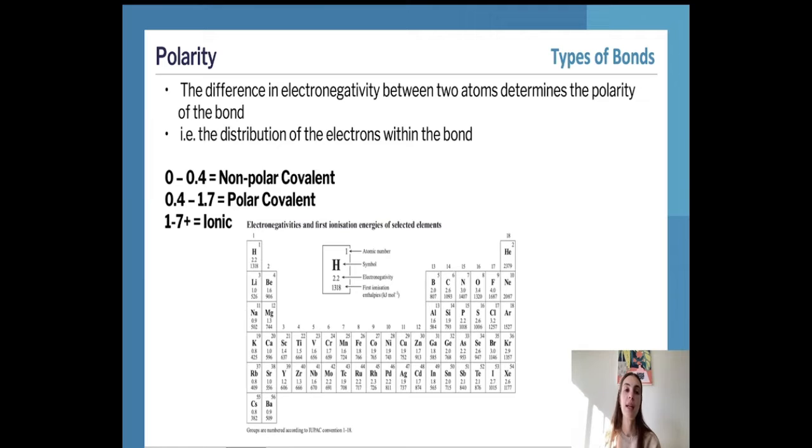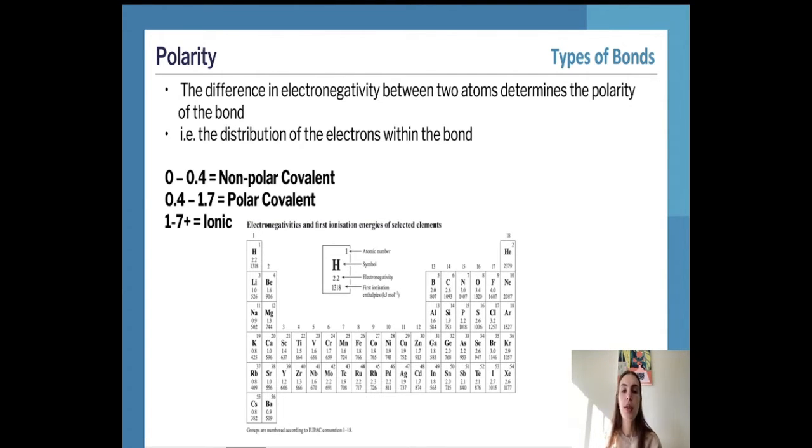Typically, the greater the difference in electronegativity, the more polar the bond will be. Polarity gives us a representation of the distribution of electrons within a bond, so whether the electrons are more attracted to one atom or the other in that particular bond.